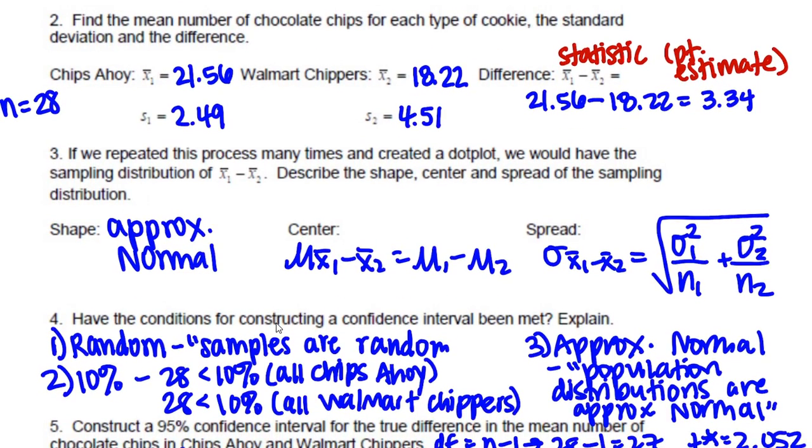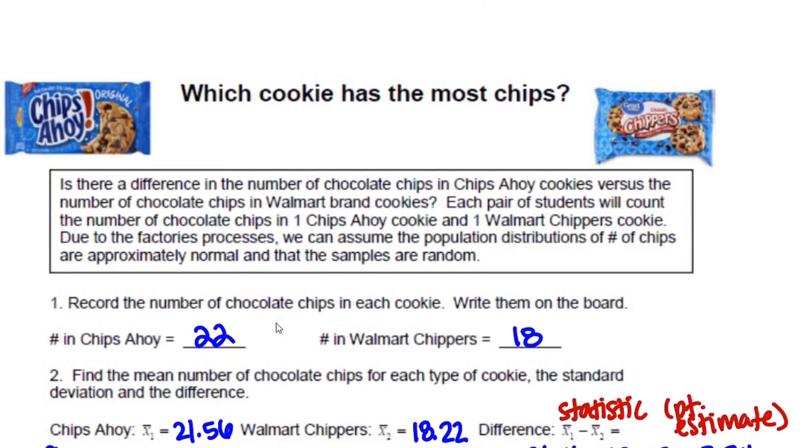Then the shape is approximately normal because the populations were normal, which they told us in the stem, right up here. Population distributions are approximately normal.